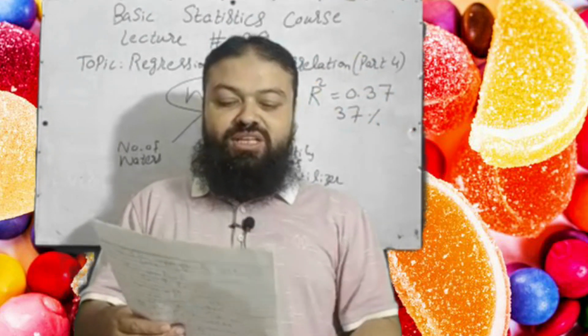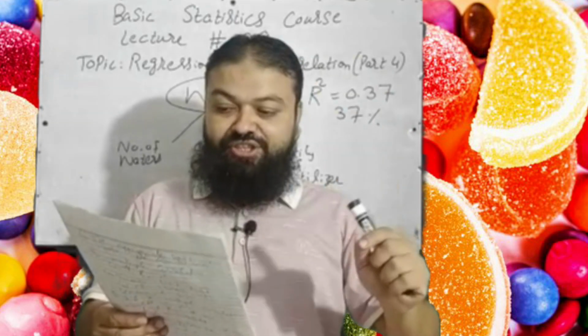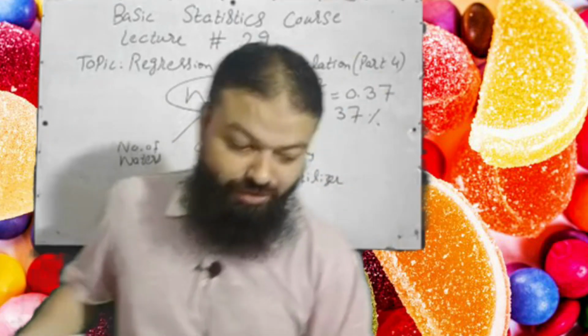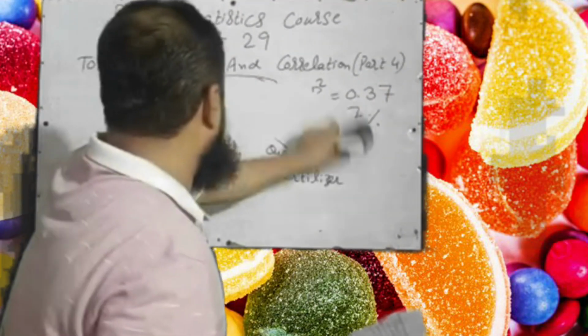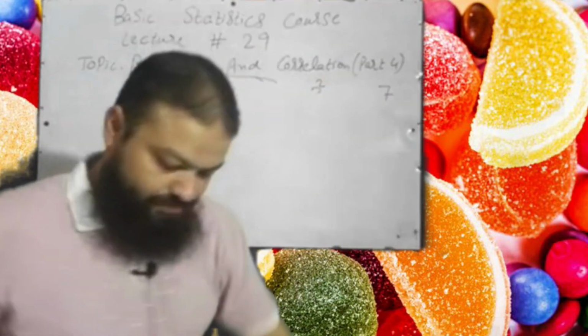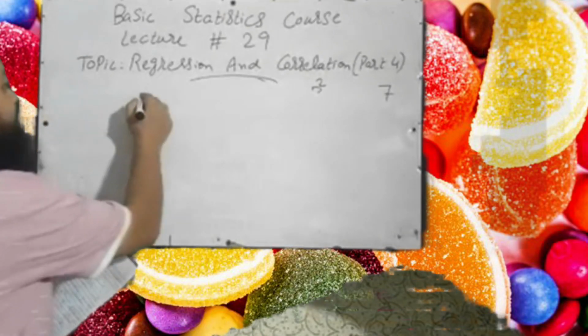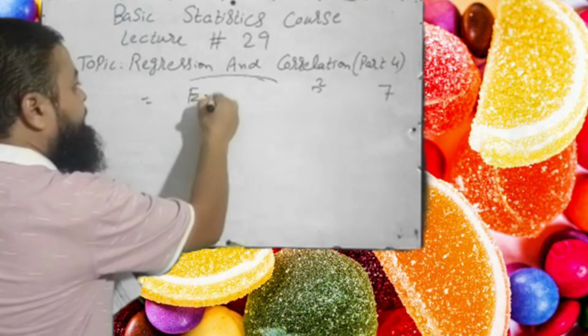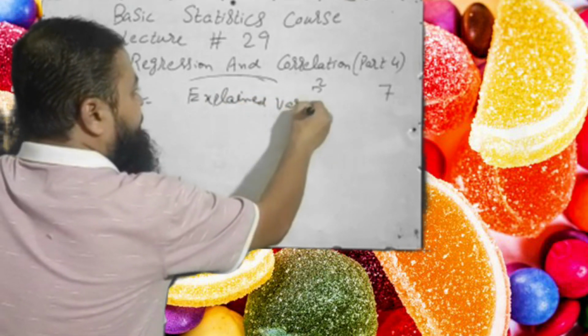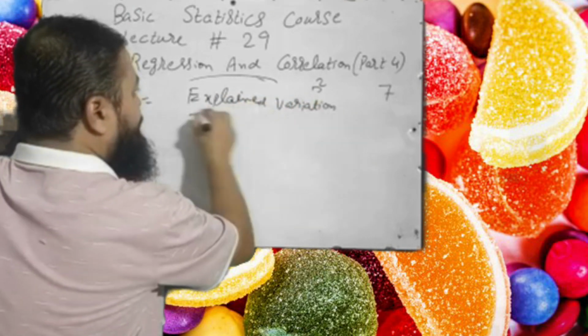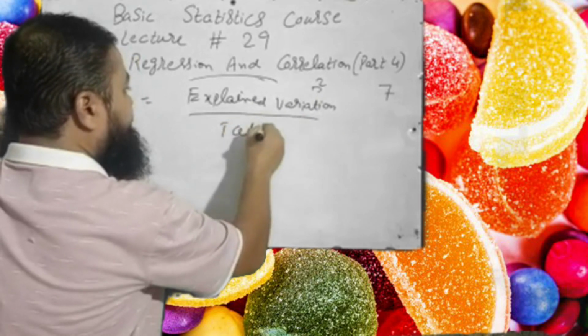Question number 2, the coefficient of determination is defined by the formula: explained variation over total variation.